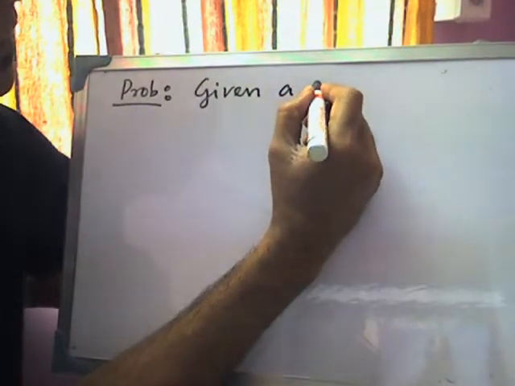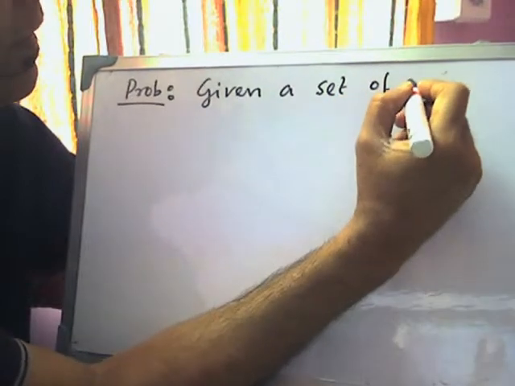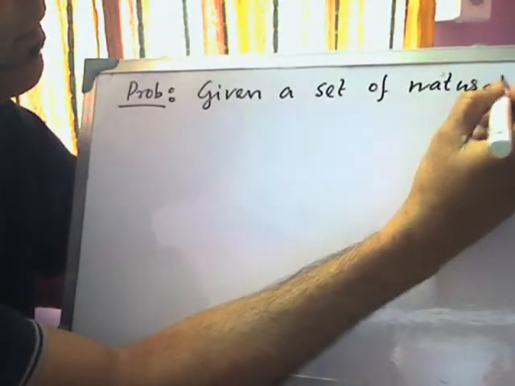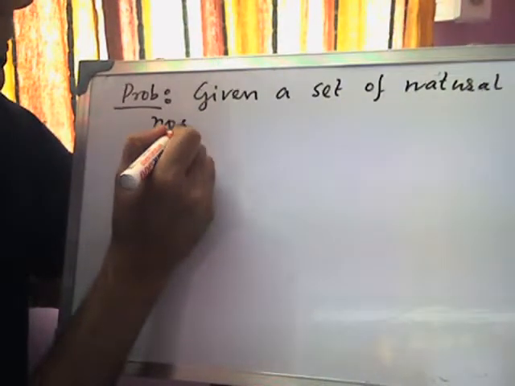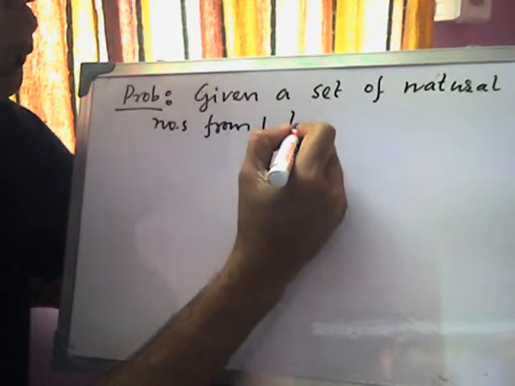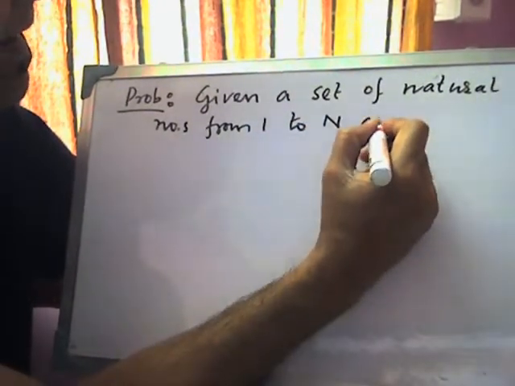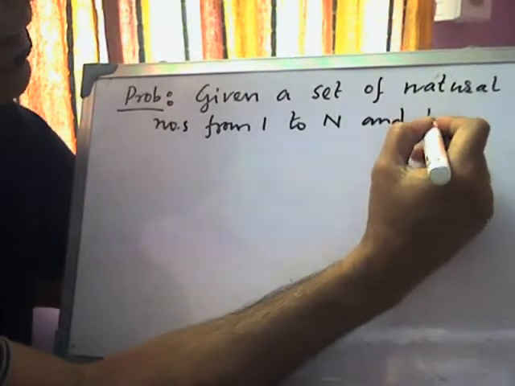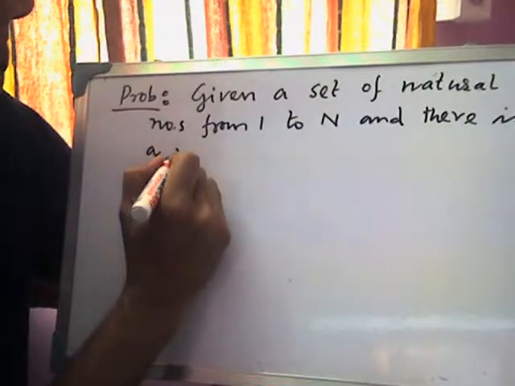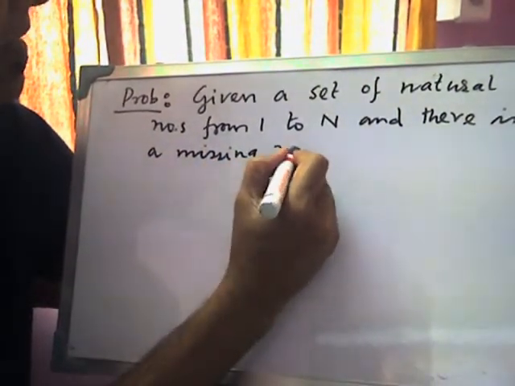Given a set of natural numbers from 1 to n, and there is a missing number.